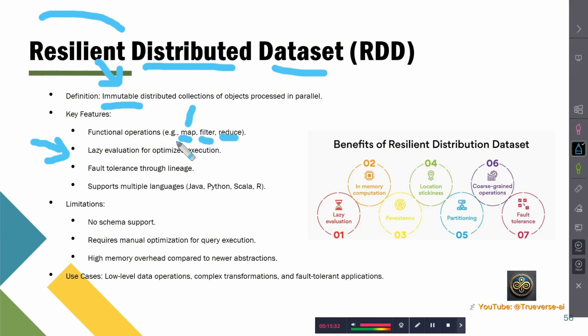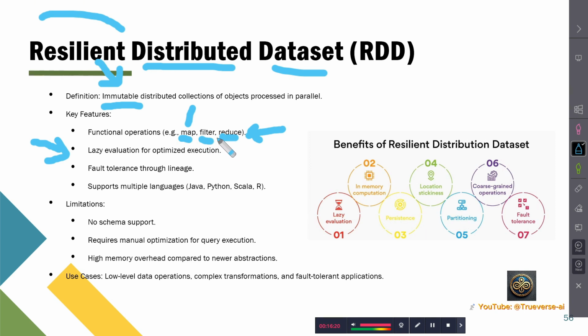This mechanism has a reason. It plays a very crucial role in optimizing execution in Spark. There are many reasons for lazy evaluation. One is transformation deferral. When we define map and filter functions, we define a logical execution plan rather than executing the operations immediately. When you define this, nothing happens until an action.